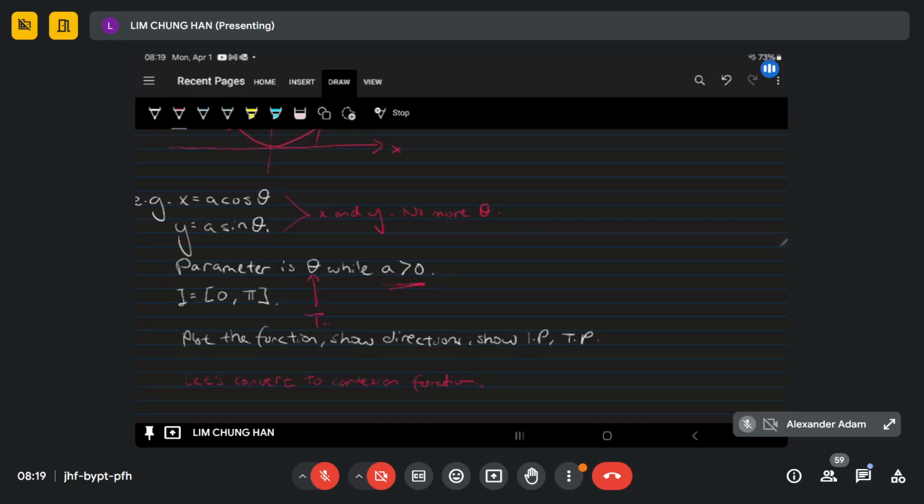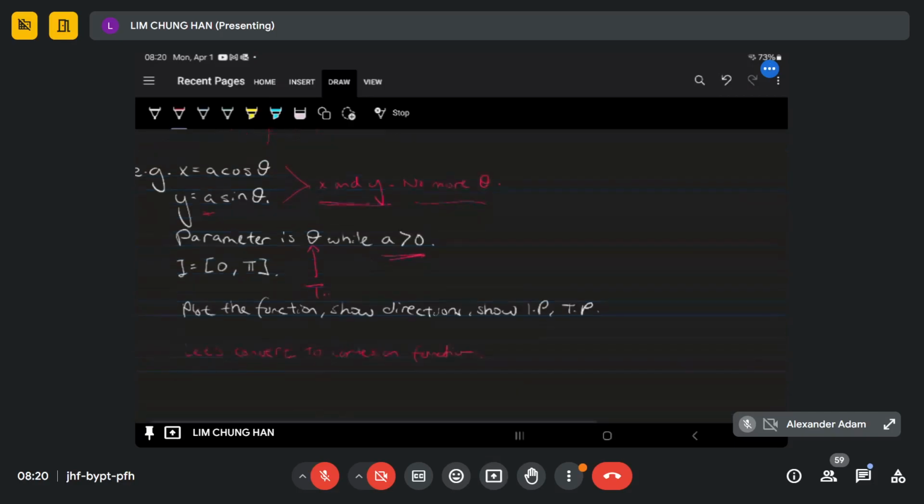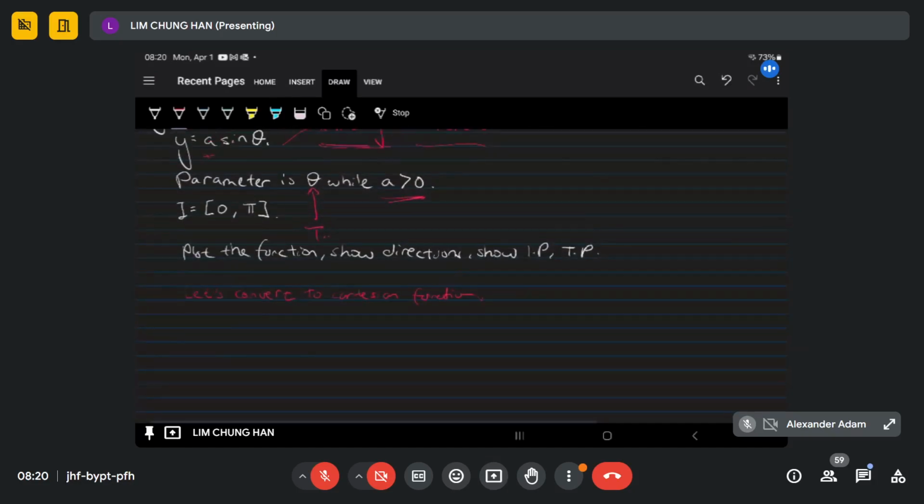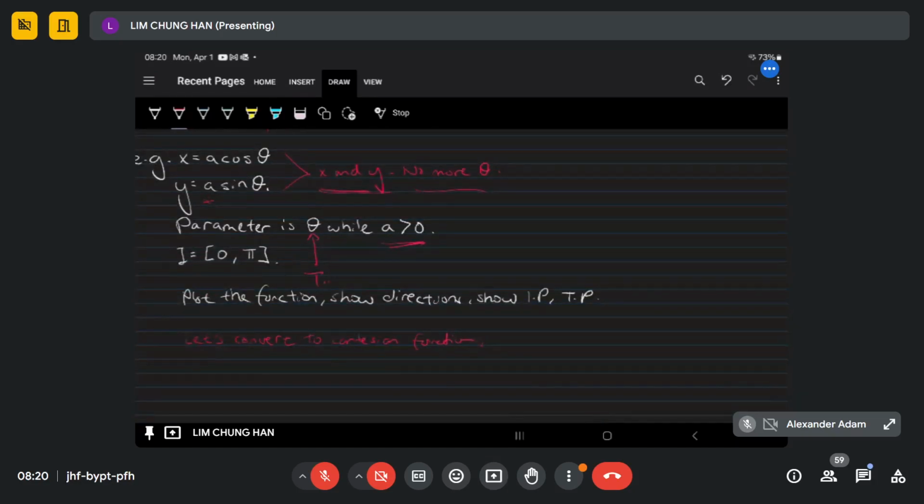You want to be left with only x and y and no more theta. Now you can still have the a, because the a is just a random number. It's not even a variable, it's just a random integer. So how do you combine both so that you lose the theta?